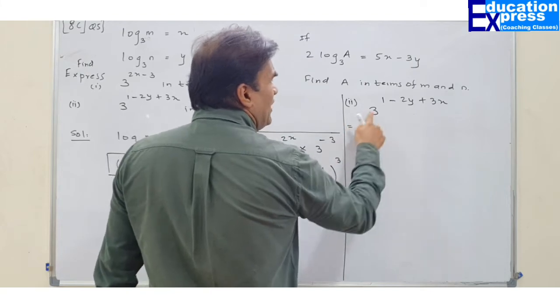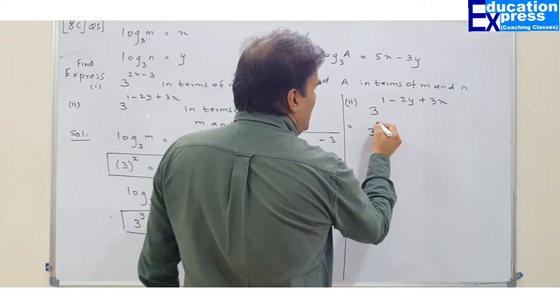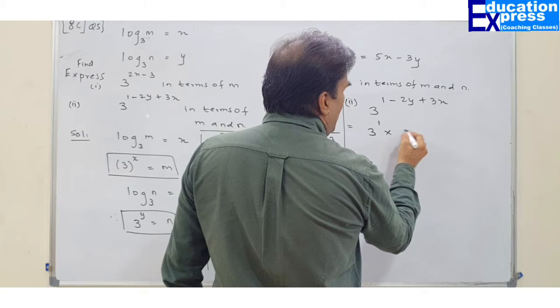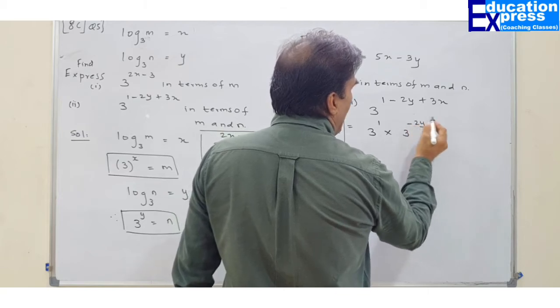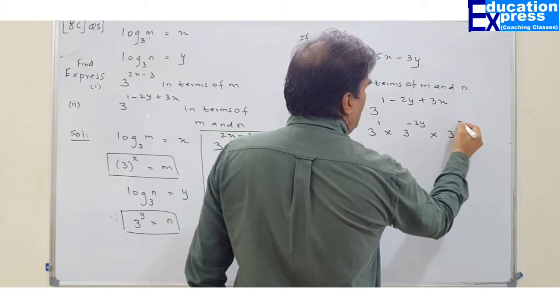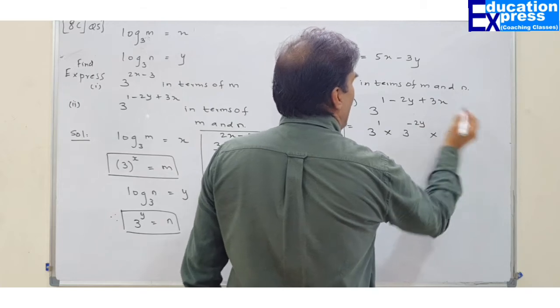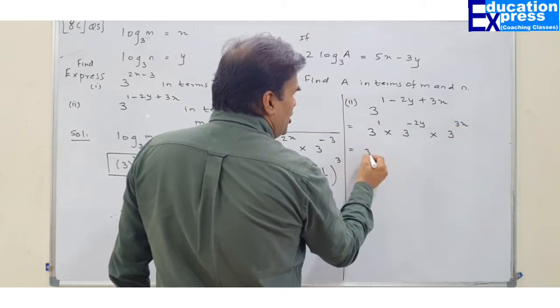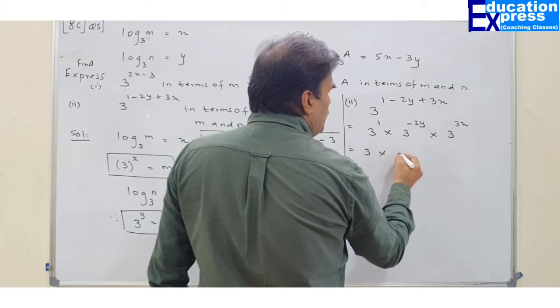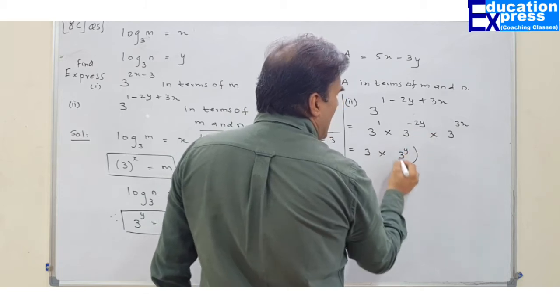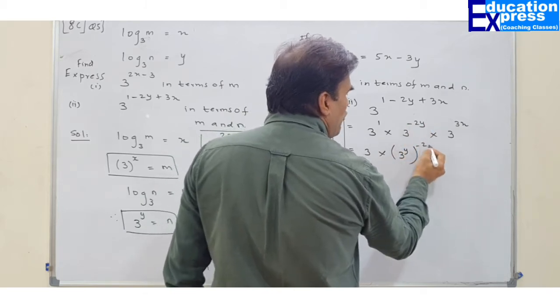Can you convert this into the simpler form? 3 raised to 1 multiplied by 3 raised to minus 2y multiplied by 3 raised to 3x. What can be done? Sir, 3 multiplied by this you will write as 3 raised to y, and outside that minus 2 would be there.